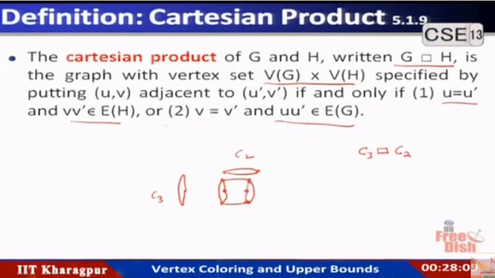So as far as these definitions are concerned, let us say this is u and this is u prime, so u and u prime are equal, and let us say this is v prime and this is v. So v and v prime has an edge, so that will represent something like u and u, v and v prime.